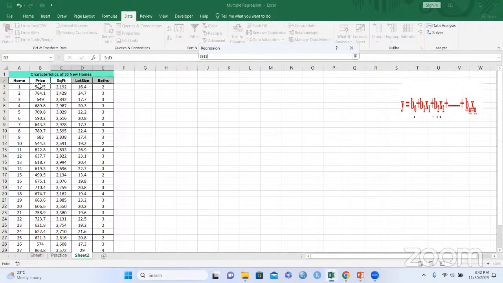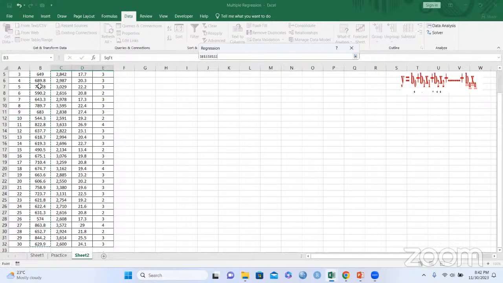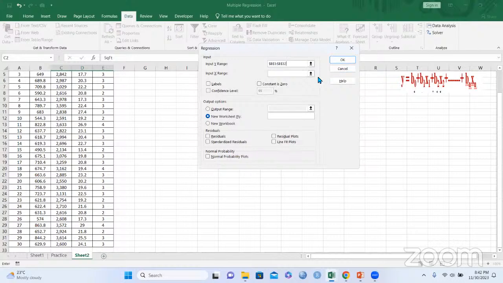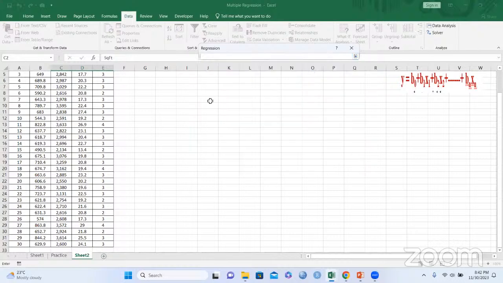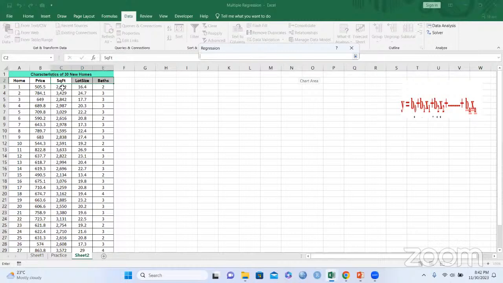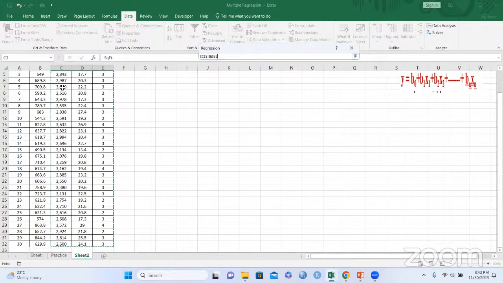Price. Okay, so I've started and used Control Shift A down arrow to select all my prices. And what is the input range? My input range is square feet, lot size, baths, all these things. At a stretch, you can select all 3 at once.